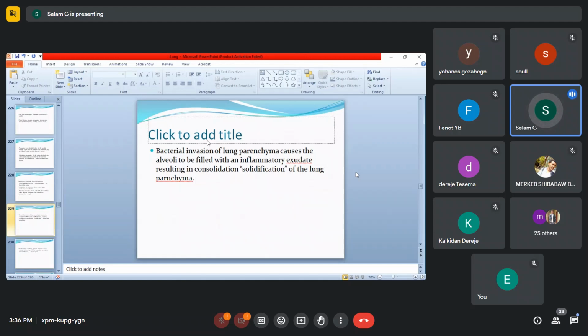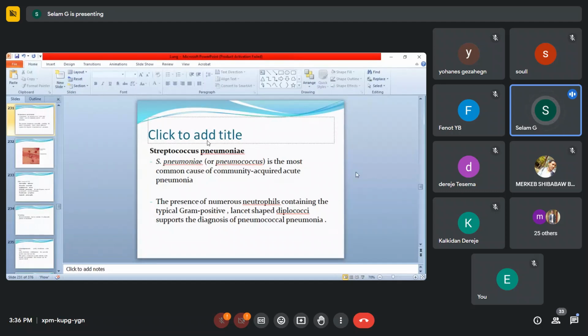So filled with an inflammatory exudate, resulting in consolidation or solidification of the lung parenchyma where it is affected. Predisposing conditions include extremes of age, so the very young and the very old are affected. Chronic diseases like COPD, congenital or recurrent immunodeficiencies, or absence of spleen, which helps in removing some organisms, may predispose to community-acquired pneumonia.